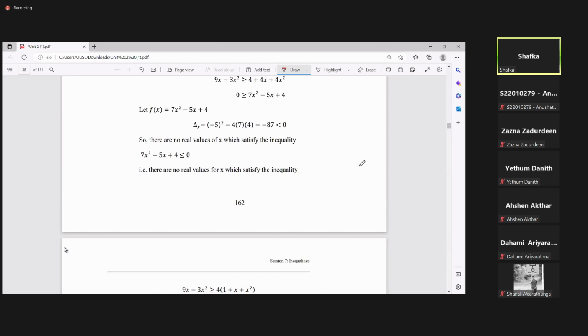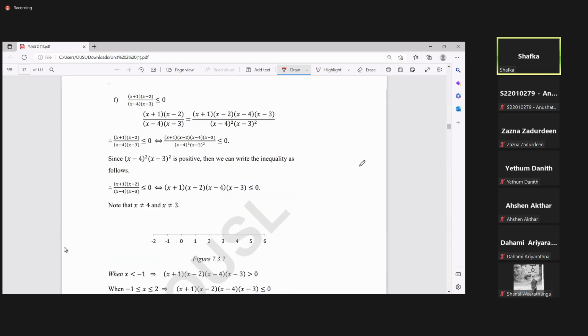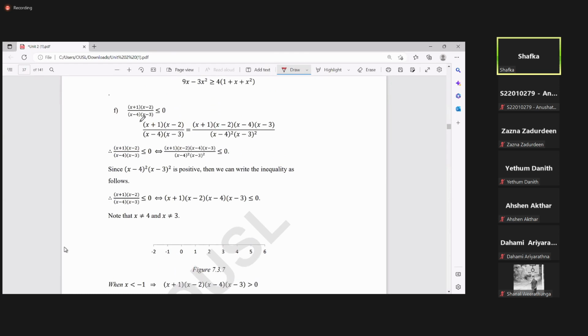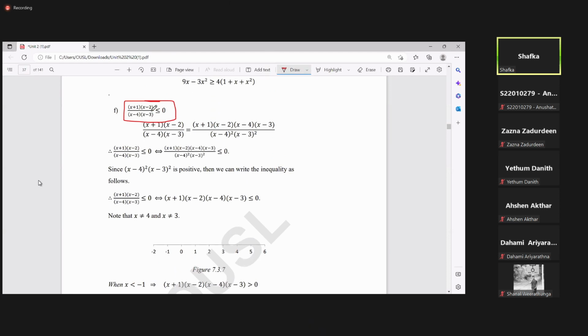Then when you consider this kind of a question, first of all, this is not a linear one. Okay, this is not a linear one. So you have to do some mathematical operation for this.